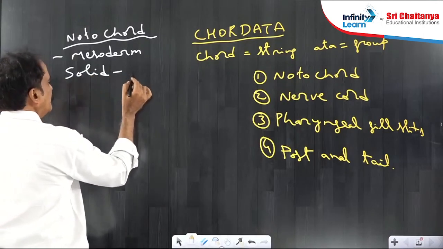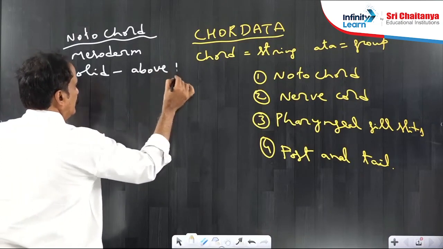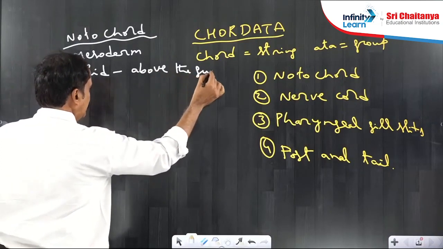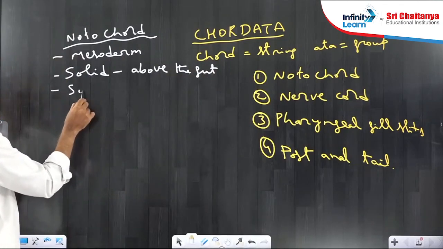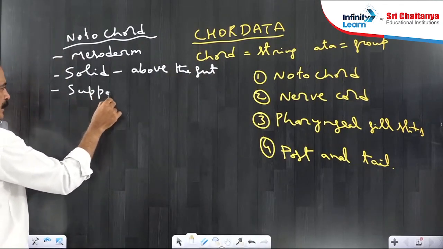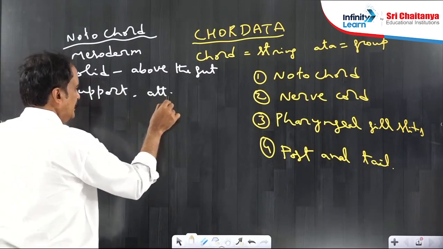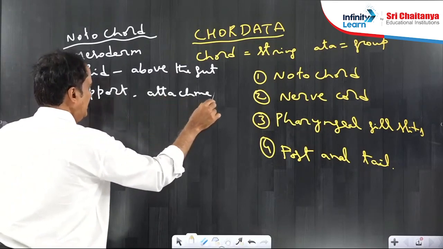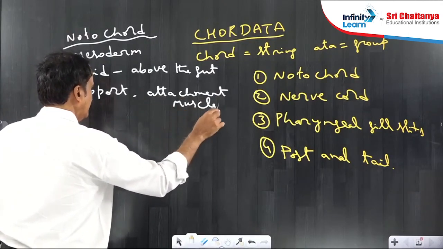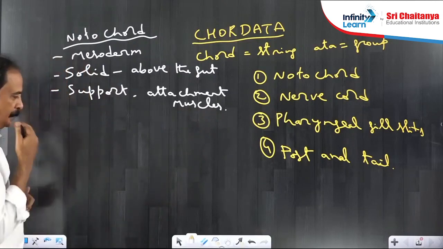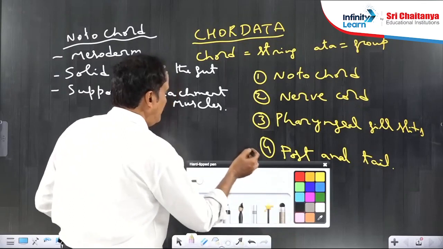This is present on the dorsal side of the gut, or it lies above the gut. It will be providing support to the body, and it also provides a surface for attachment of muscles. Right? So to have a clear idea about location, I will give you the diagram.